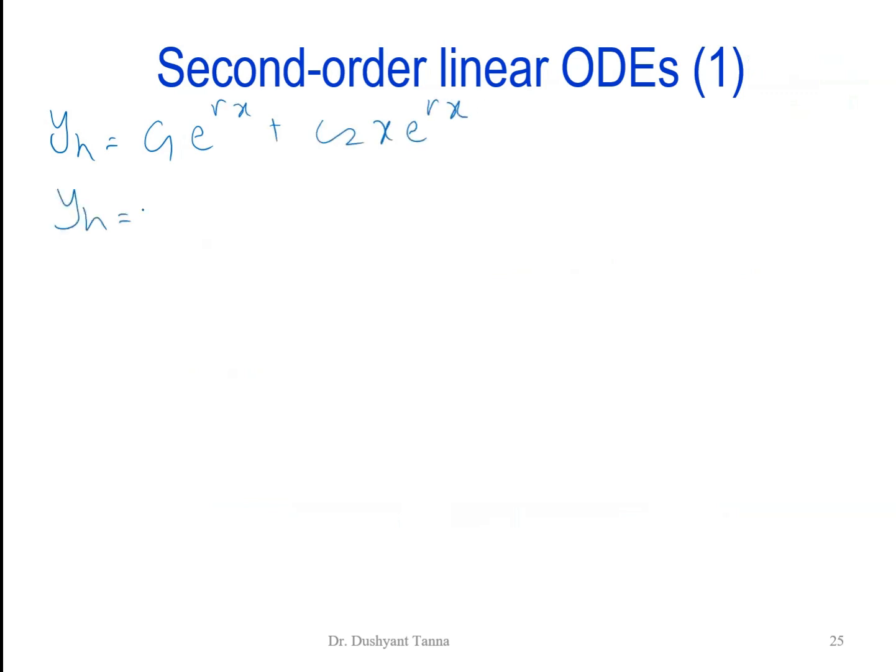So the YH will be C1 e raised to, because your R is -1, so C1 e raised to minus x plus C2x e raised to minus x.